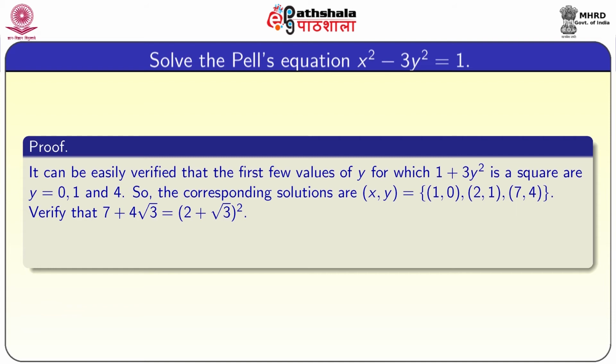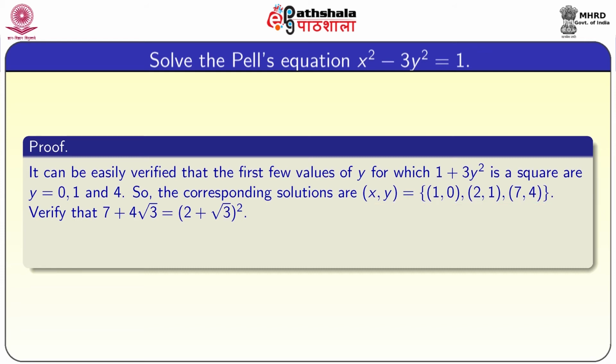It is easy to see that for y = 0, y = 1 and y = 4, 1 + 3y² is a square. So, the corresponding solutions (x, y) are (1, 0), (2, 1) and (7, 4).